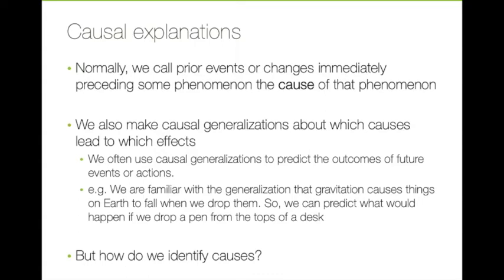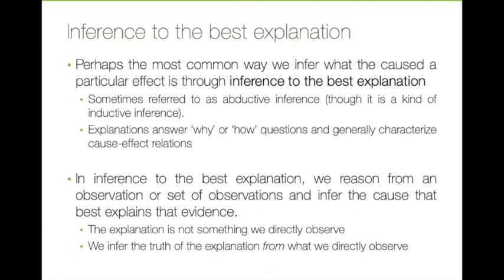But there's a question: how do we get to these causal generalizations, or a knowledge of what has caused a particular event? Well, perhaps the most common way we infer what caused a particular effect is through a type of inductive inference known as inference to the best explanation.